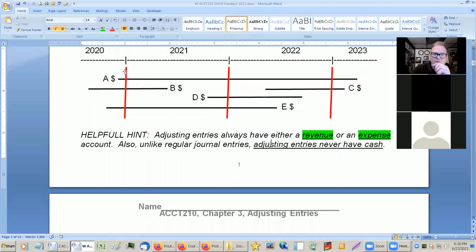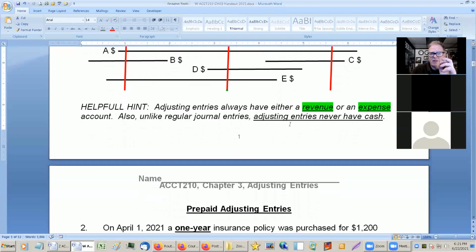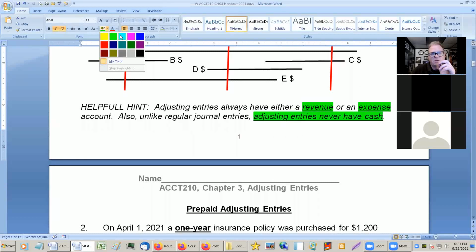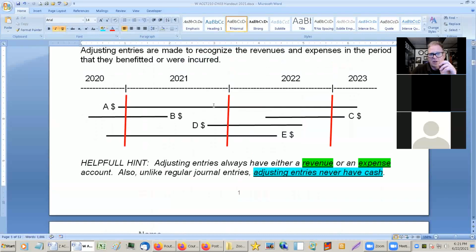Now, looking at our thing up here, we're talking about year end. You'll notice that the cash has either changed hands beforehand or later, but not at year end. So adjusting entries never have cash. The cash has either changed hands beforehand or it hasn't changed yet.